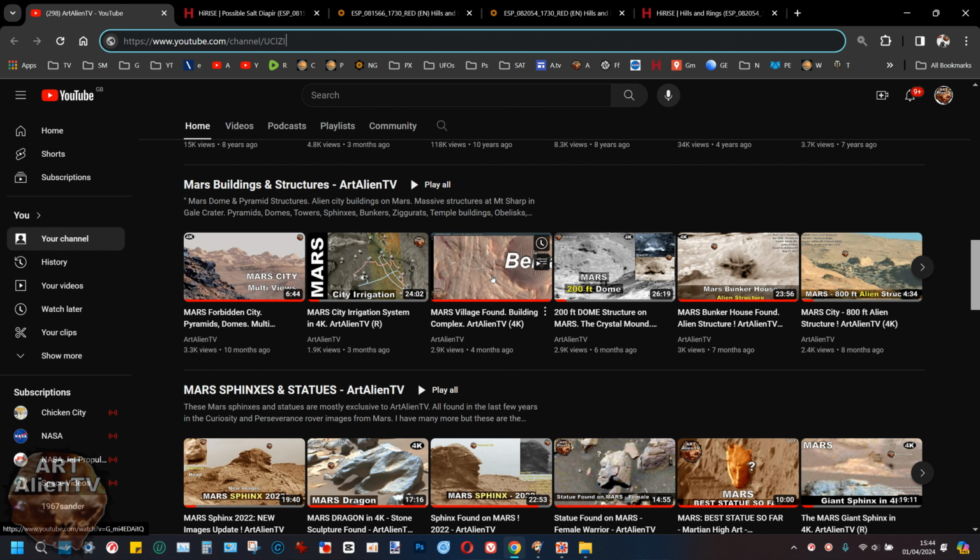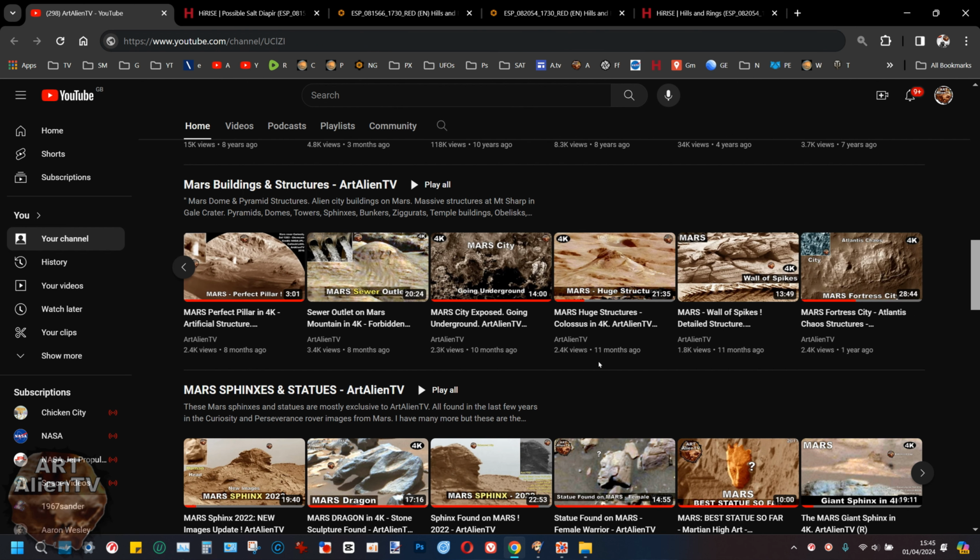We've got this one which looks like, on the edge of Belva crater here, a village or town on the side of the hill here. Okay, we've got a dome here up on Mount Sharp. We've got an actual structure here built into Mount Sharp. We've got big buildings on Mount Sharp here, like this one, this huge structure here, and loads more.